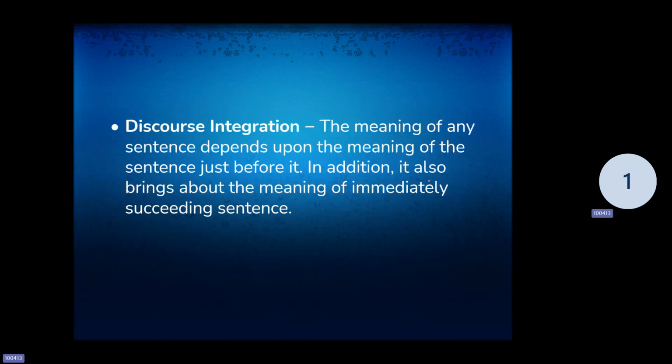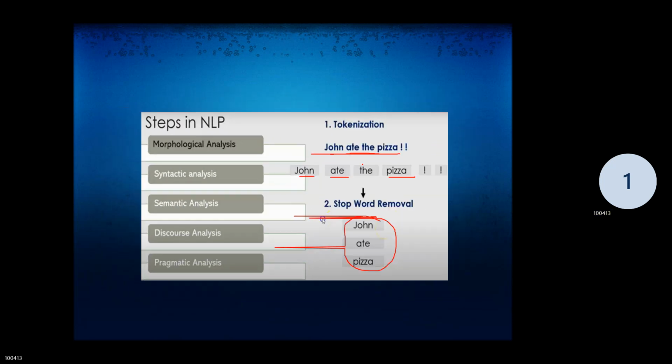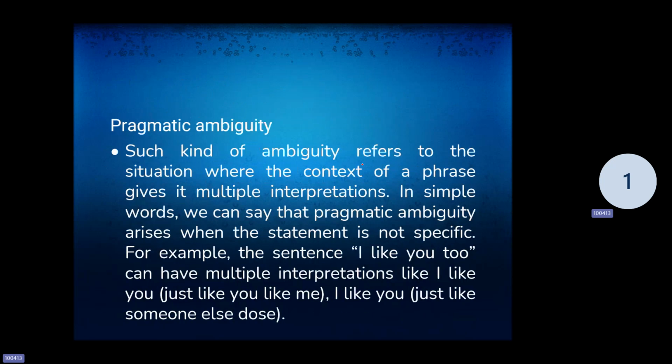Then the third one, discourse integration. The meaning of any sentence depends on the meaning of the sentence just before it. For example, "Monkey eat banana when they wake up", like in the example of anaphoric ambiguity in the previous section.